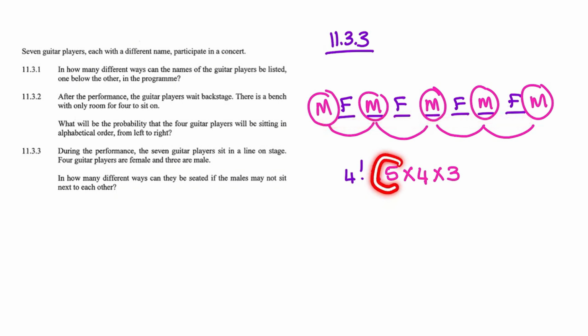Once he is seated, the other 2 males have 4 options left, and once the first 2 are seated, our last male only has 3 types of seats that he can still occupy. And that total is 1,440 ways in which they can be organized with men not sitting next to each other.